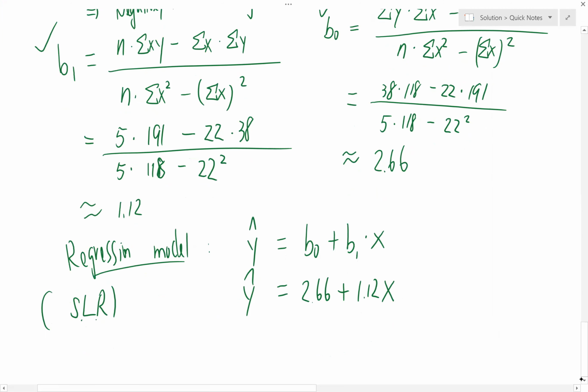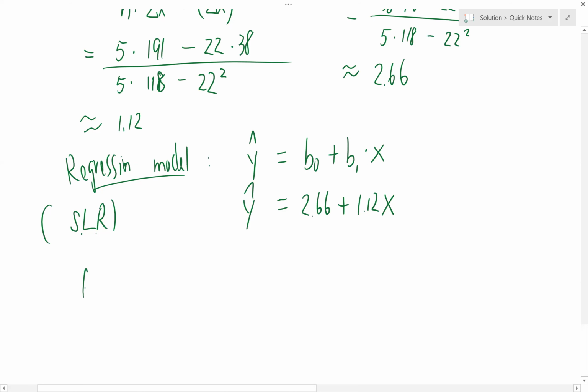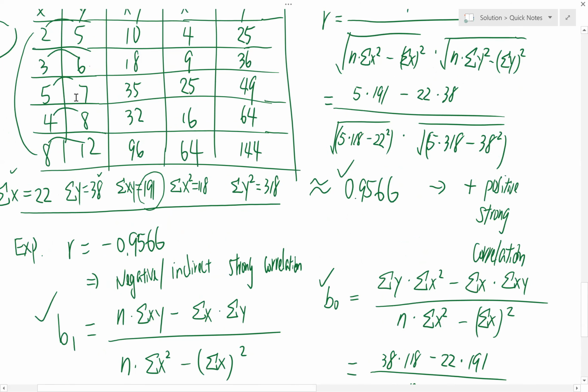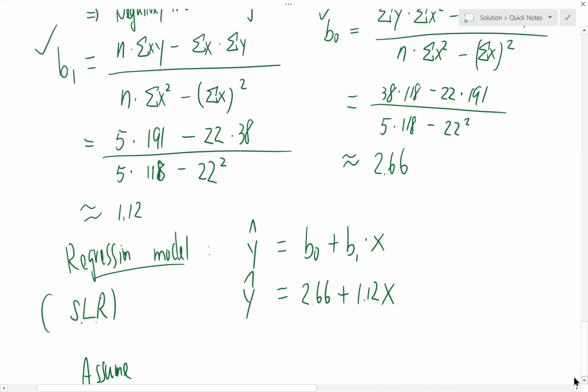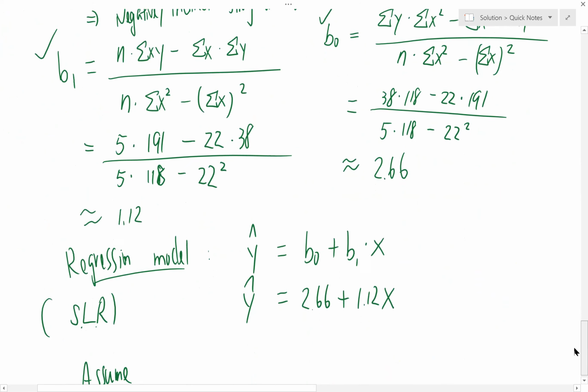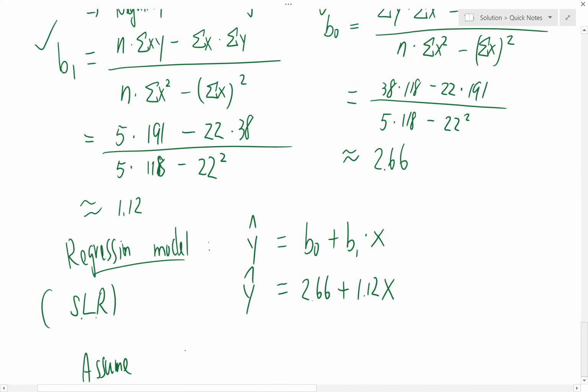Now think about this. Remember, in our original data set, we have data values 2, 3, 4, 5, 4, 8. Assuming x equals 5, what will be the predicted y value? All we have to do is replace x here with 5 and find the predicted y value: 2.66 plus 1.12 multiplied by 5.